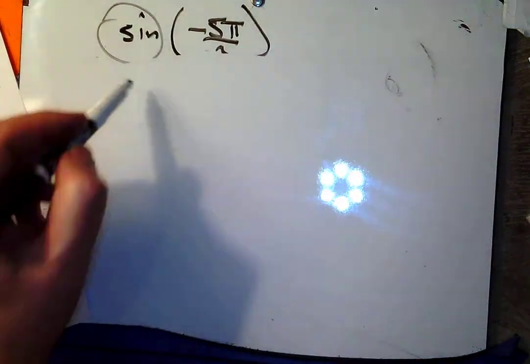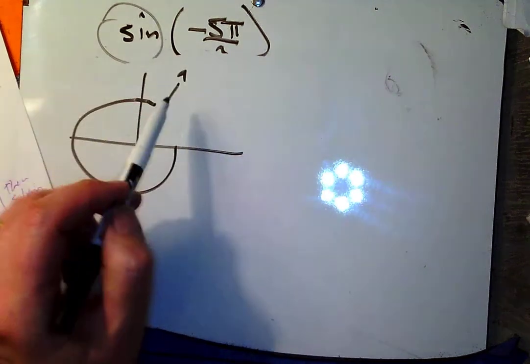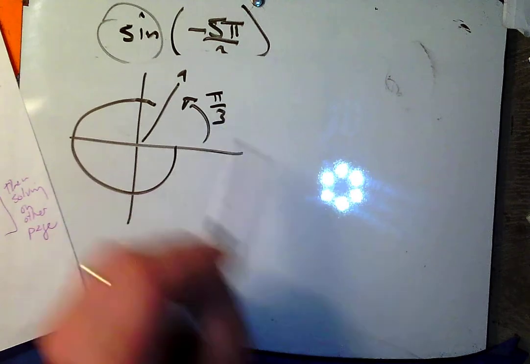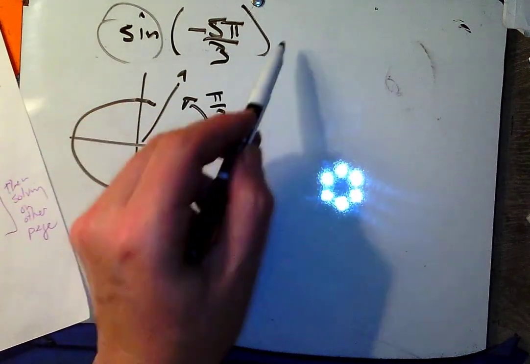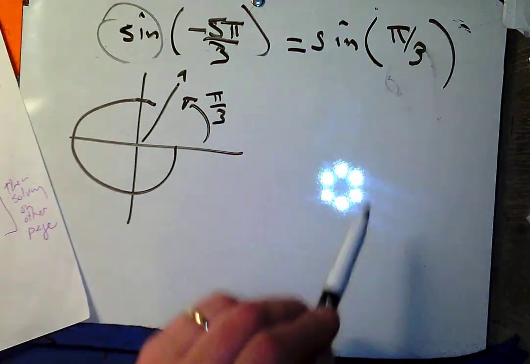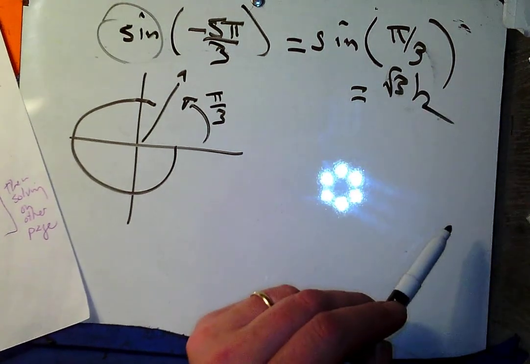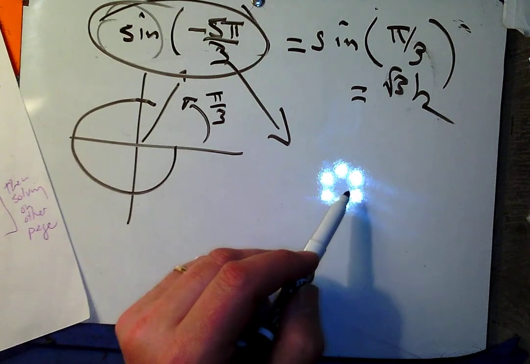What angle had I arrived at? Well, the reference angle would be pi over 3. But we can get to that same pi over 3, which we do know, and is root 3 over 2. We can get there by using coterminal angles again.